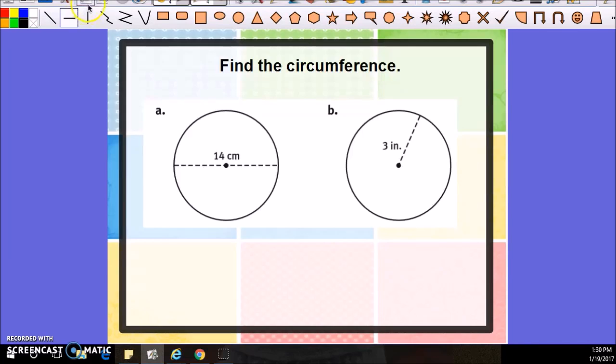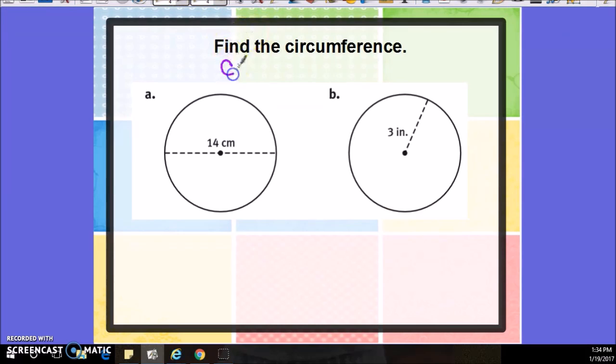We are going to find the circumference of both of these circles. What is the formula for circumference? C is equal to pi times diameter. So cherry pie is delicious, or chocolate pie is delicious. Remember it. For A, what is diameter?